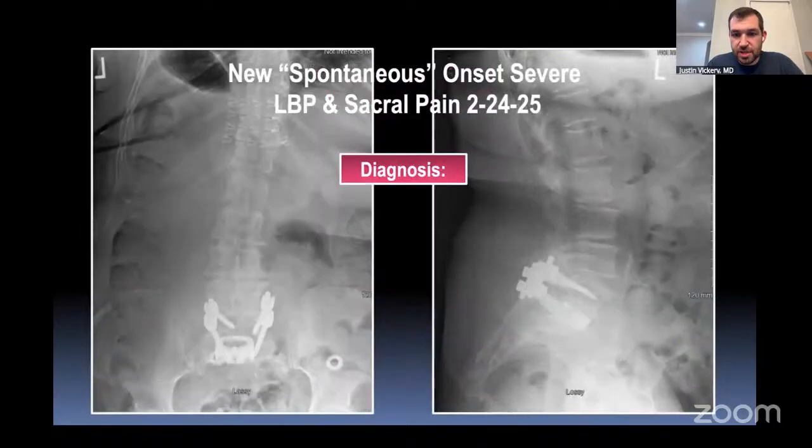She presented for follow-up, and I believe this was the 2 to 3 week range post-op, complaining of new sudden onset, severe low back sacral pain. Now you can see on these x-rays, I'm not sure if my cursor is showing up, the fracture of the sacrum present there.